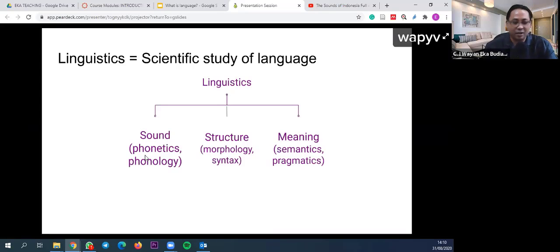In terms of phonology, we also try to differentiate. In English, we learn the difference between the words bad and bed. What's the difference? I slept on my bed. He's a bad person. This is what we would like to learn in phonology. When we talk about morphology, we learn about the construction of words.